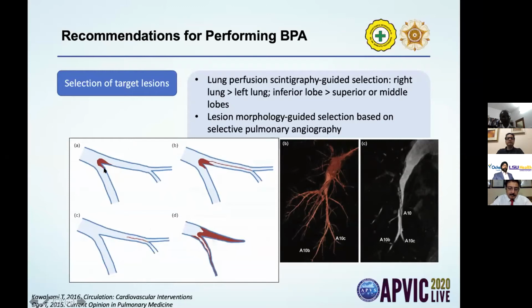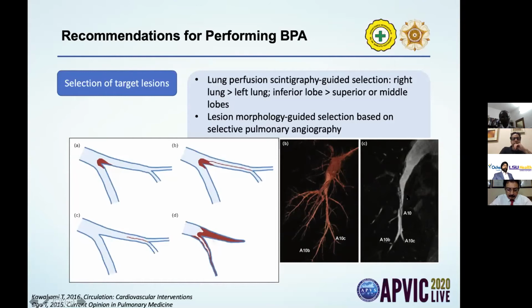From CT, A is a web lesion, B is web and slit lesions, C is only a slit lesion, and D is, I think, the easiest type of lesion, when there's an abrupt narrowing and we lose the distal runoff. So this is also the CT where we can observe the slit type of lesions.